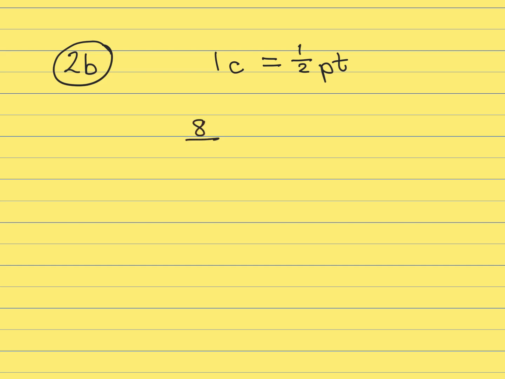We have 8 over 1, that would equal 8 cups times 1/2 to convert cups to pints. We get 8 over 2. And remember, 8 over 2, we're just dividing 8 by 2, and we get 4 pints. 8 cups is equal to 4 pints.